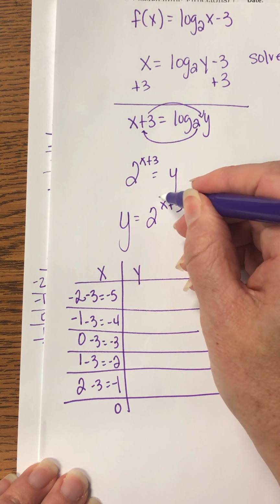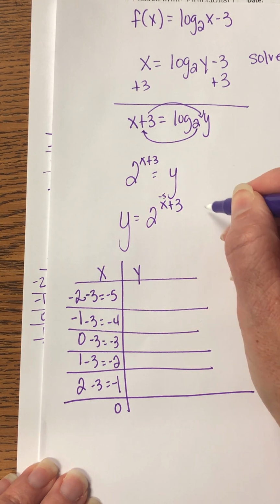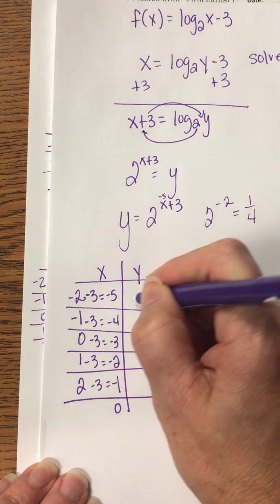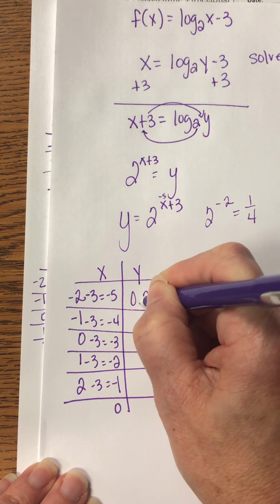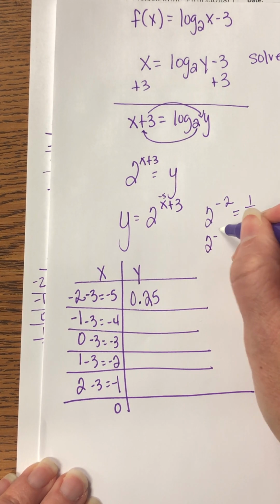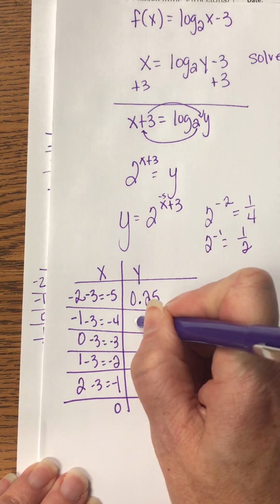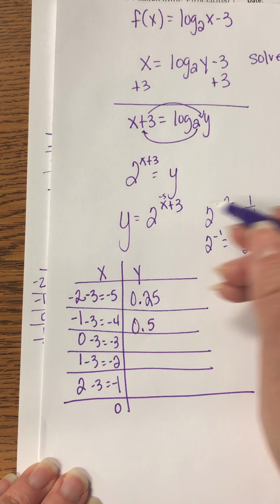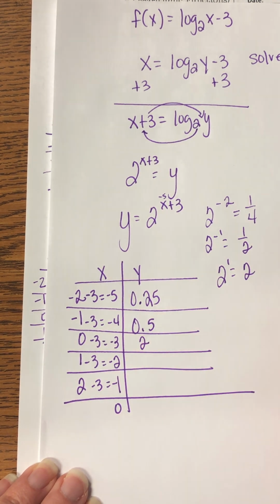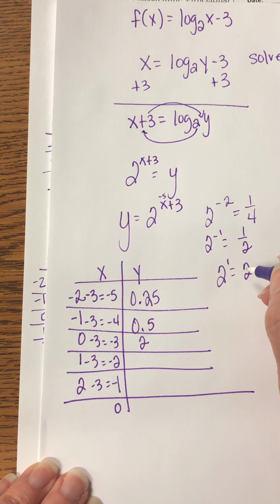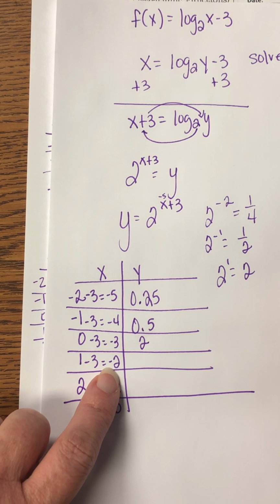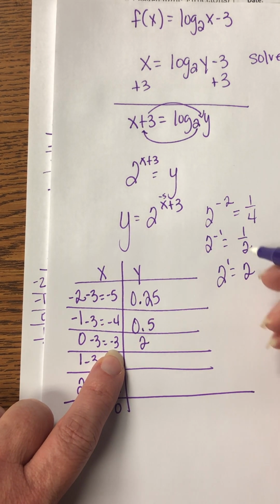So if I plug in -5, -5 plus 3 is -2, which will give me 1/4. Okay, -4 plus 3 is -1, which will give me 1/2. -3 plus 3 is 0.